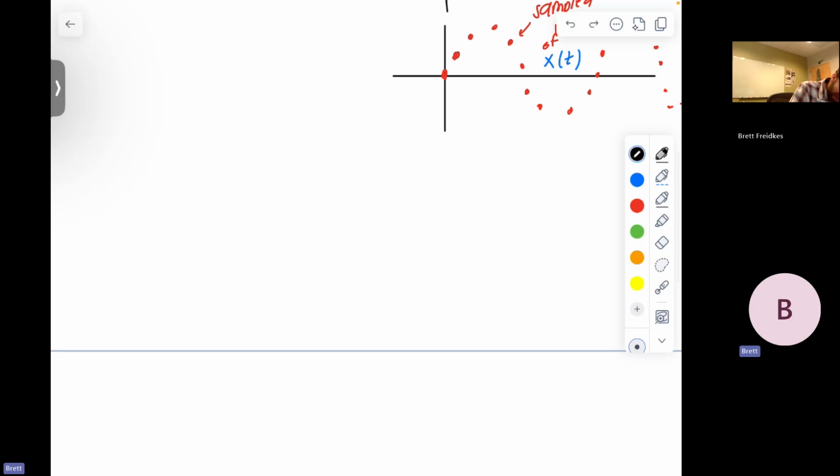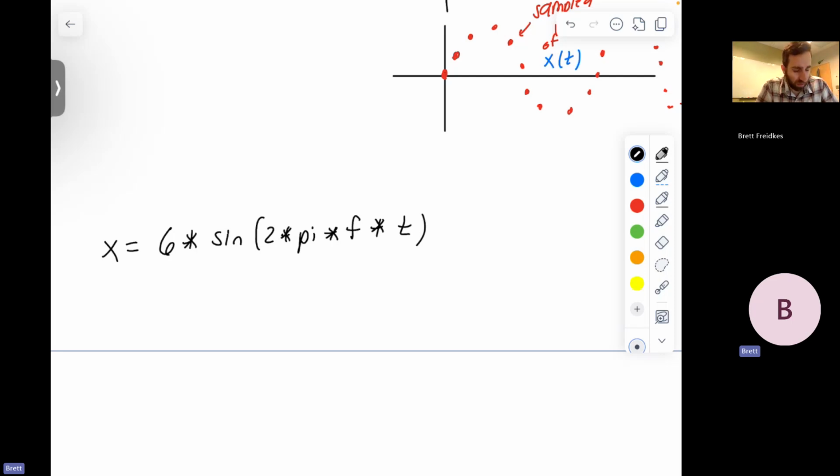So let's write down what we would need. Ultimately, we need to have something like this. We would need to have this ultimately, but there's a lot of unknowns here that we need to figure out. And if I want to be really thorough, I can write this as an A, just to generalize it in case we wanted to change what it looks like.